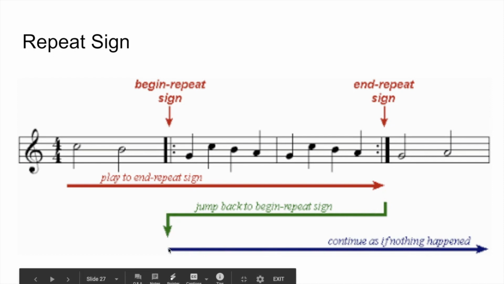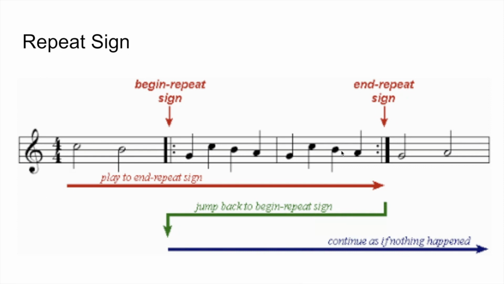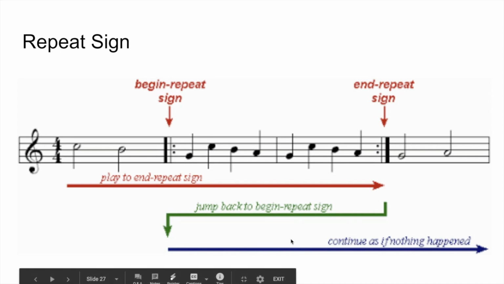Then you go and play all of those measures again as if nothing happened. So again, we start at the beginning, we play all the way through until we get to the end repeat sign. That bounces us back or jumps us back to the begin repeat sign, and then we continue to the end as if nothing happened.